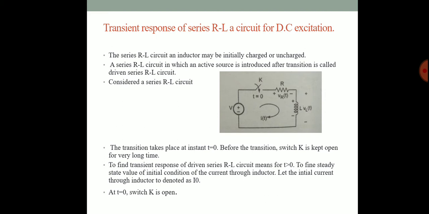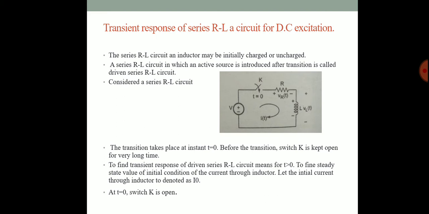Therefore current through the inductor is 0 at that instant. We have already discussed that the current through the inductor cannot change instantaneously, hence we can write i(0-) equal to I0 equal to 0, that is i(0+) equal to 0, for all t greater than or equal to 0 when switch K is closed.